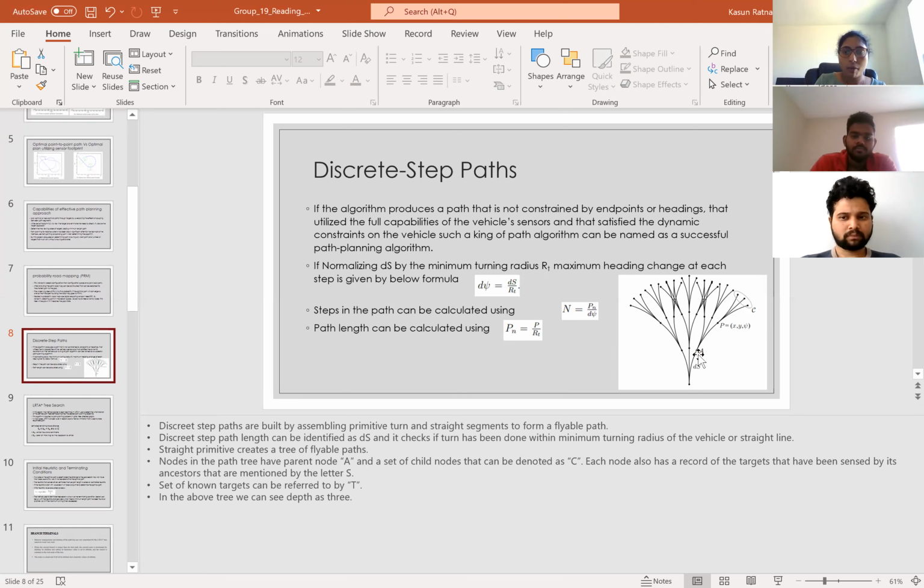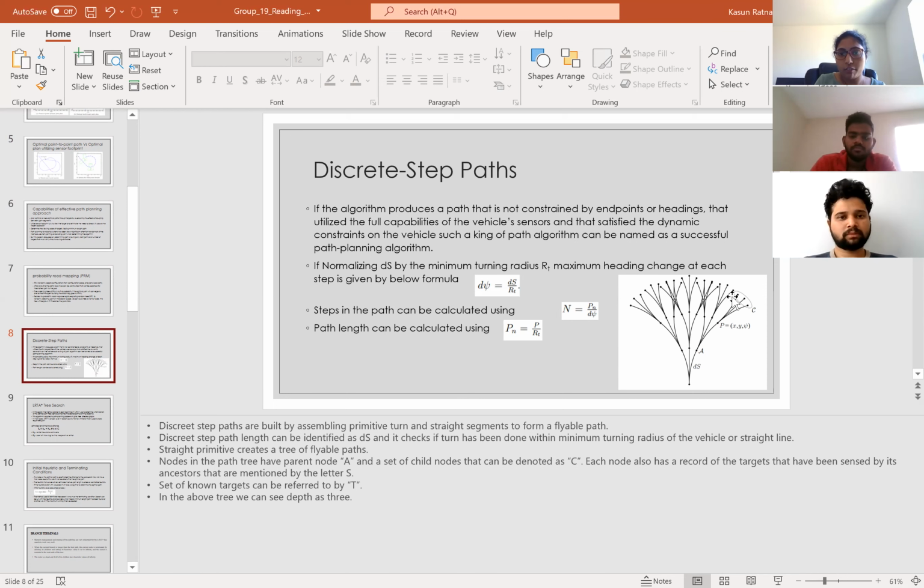So here in this example, we will be able to see nodes in the path. Every node in this path has a parent node, which is denoted by A here, and each node has a child node, which we will refer to as the letter C. A set of known targets can be referred to by T in this algorithm, and in the above tree diagram we can see the depth is 3.